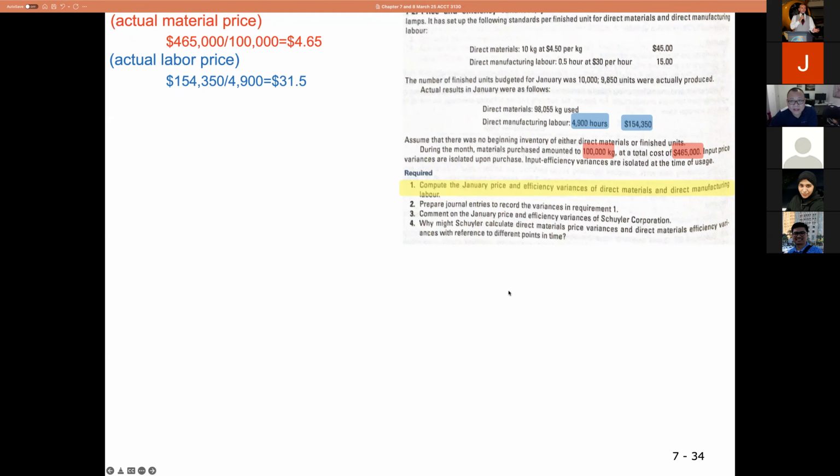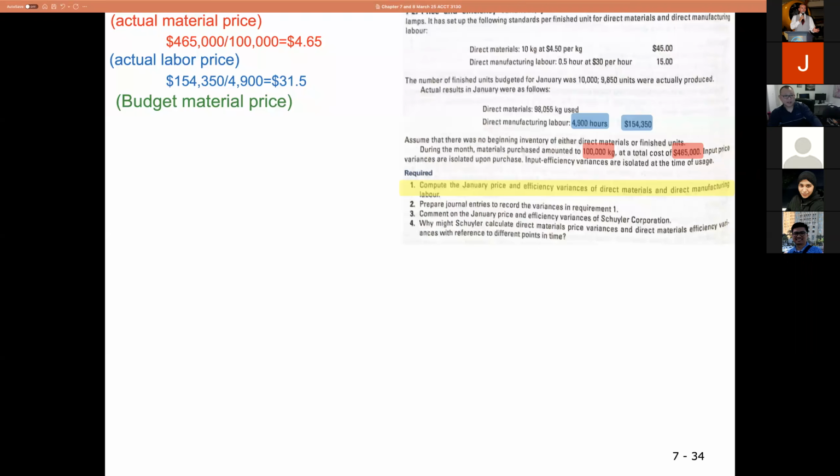Okay, and then next, what is the budget materials price? What is the budgeted material price? Per kg. What's the budget materials price? $4.5 per kg.